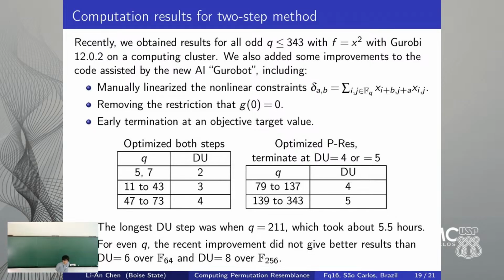Comments, remarks? Magma also implements integer programming, right? So I was wondering if you find Gurobi much better than Magma? I did not know Magma has integer programming until I had already started using Gurobi.